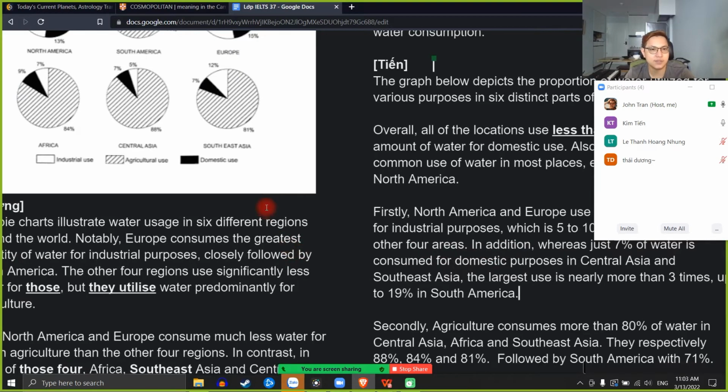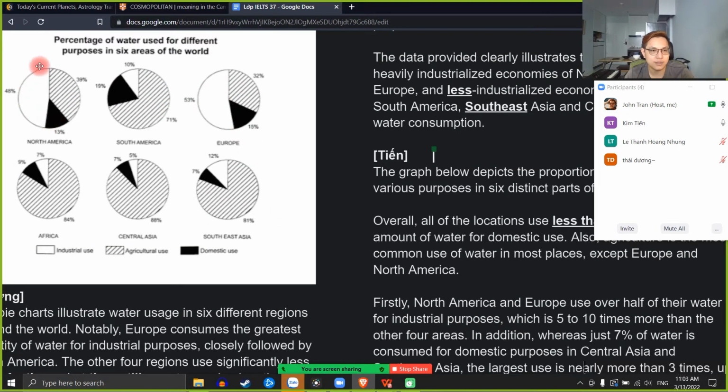Exactly. Okay, so these two, North America and Europe, they use over half of their water. Wait, it's not over half. Only Europe is more than half, but North America is less than half. North America đã đâu đến một nửa đâu, mà lại hơn một nửa. Nói vậy là sai rồi, Tiến coi sai hết tùm lum hết á. Coi biểu đồ cẩn thận nha. You need to look at graphs carefully, read the numbers carefully.